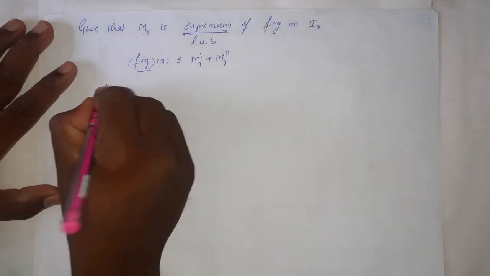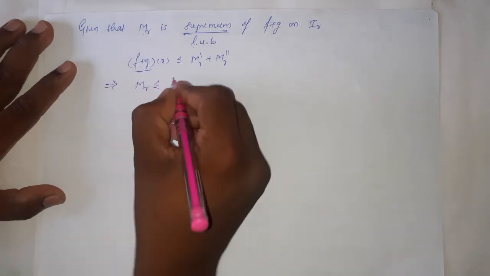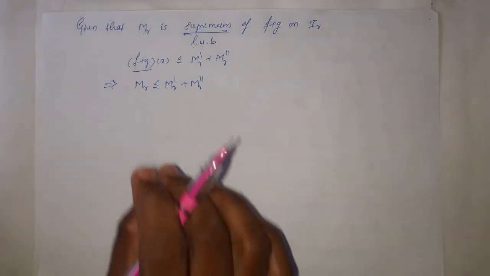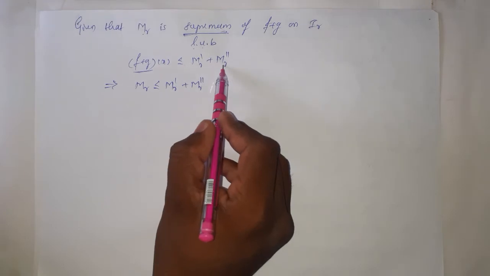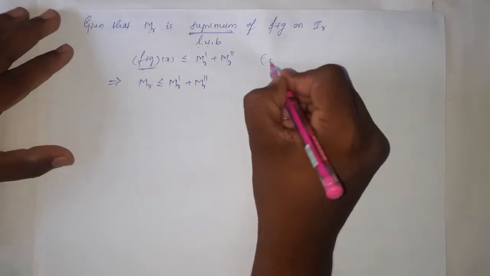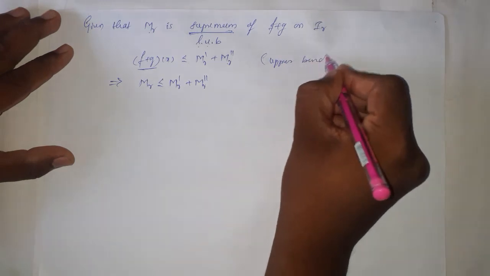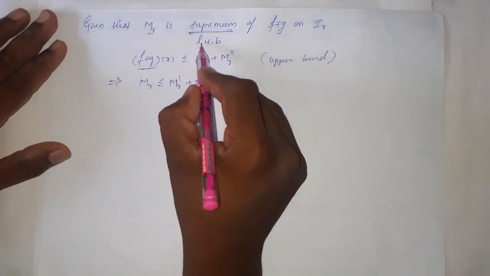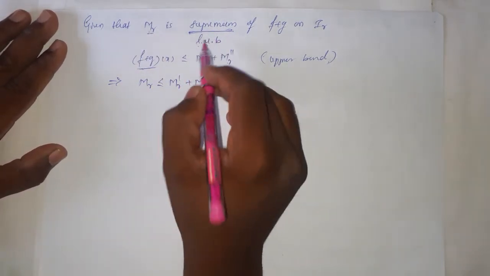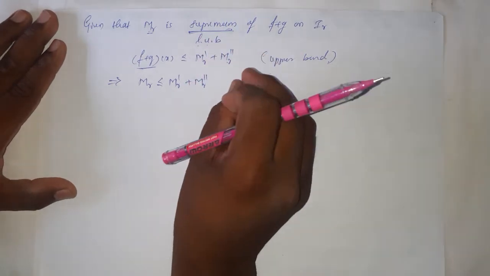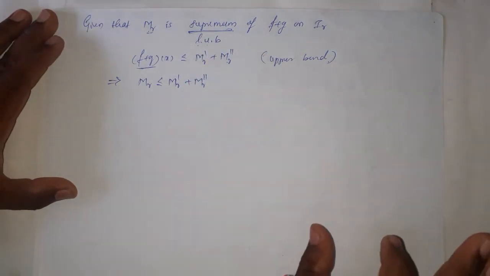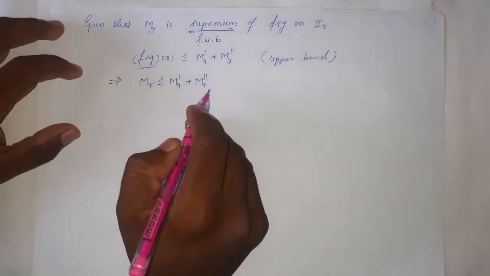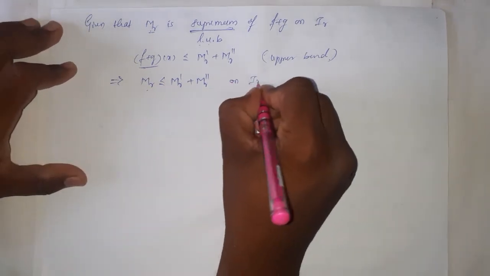Then it implies that Mr is less than or equal to Mr dash plus Mr double dash, since this is simply an upper bound of the function f plus g, but Mr is the supremum, or least upper bound. Therefore, the least upper bound is always less than or equal to all the upper bounds. So, Mr is less than or equal to Mr dash plus Mr double dash. This is on the rth subinterval.